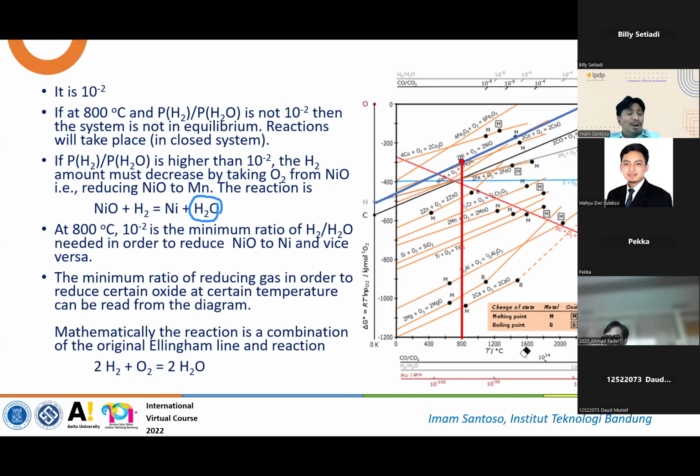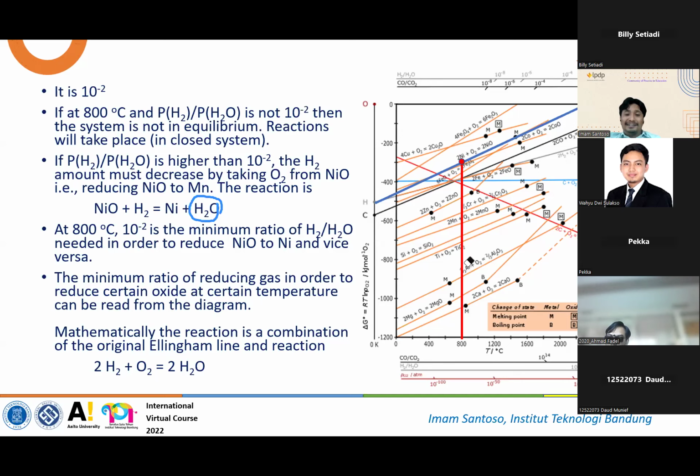Once there is a small amount of water, the reaction will stop. Therefore, it is impossible to use hydrogen as a reductant to reduce, for example, silicon oxide to silicon, aluminum oxide to aluminum, magnesium oxide to magnesium.